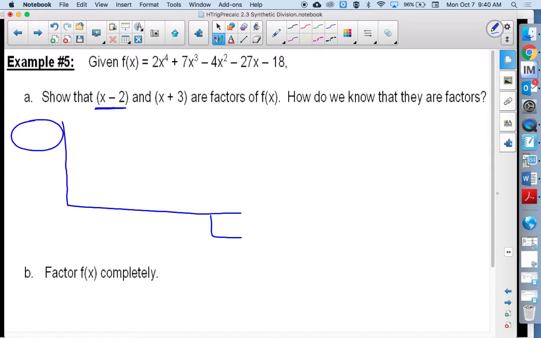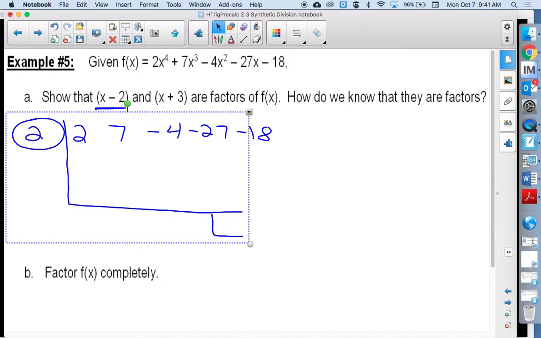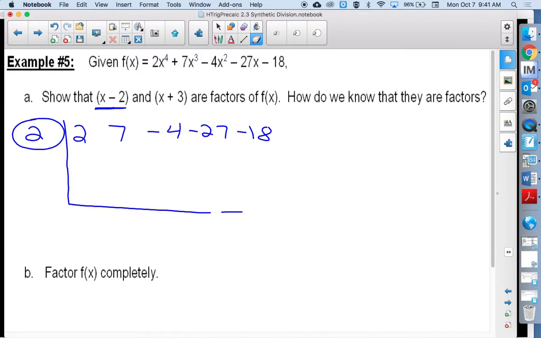Dylan, what are you dividing by? Because of 2, yeah. So we place a 2 here. Make sure every power is represented. And then we're just dropping the number and multiplying.